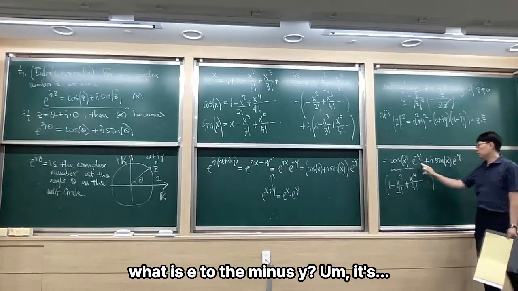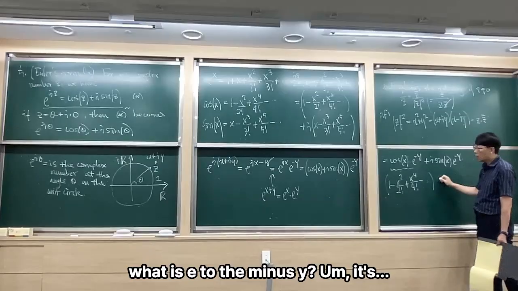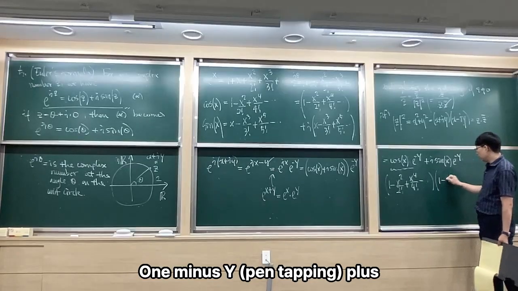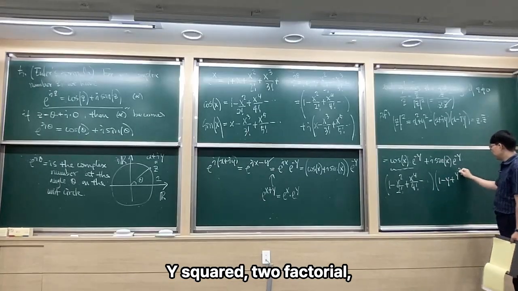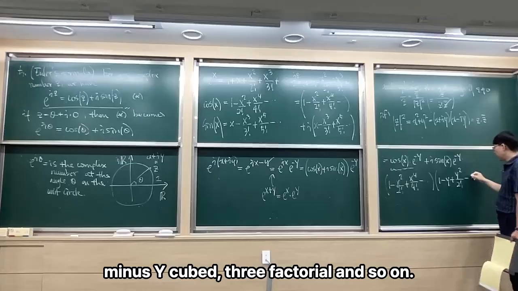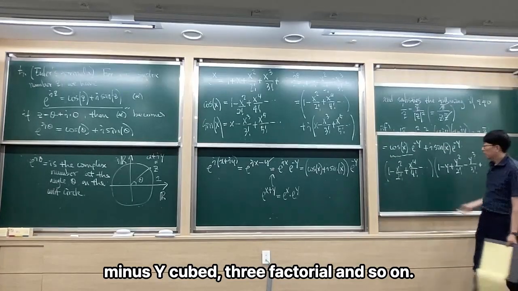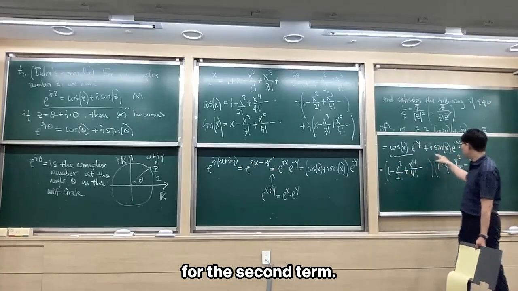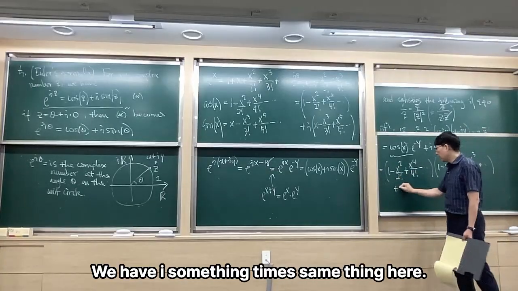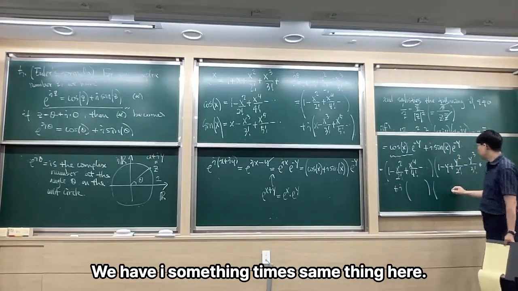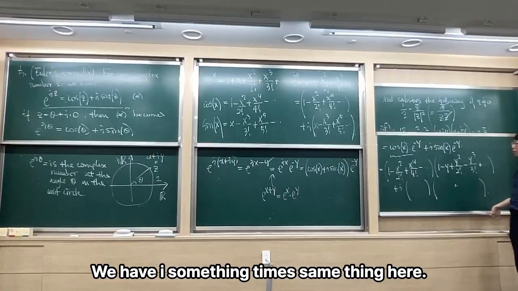And what is e to the minus y? It's 1 minus y plus y squared over 2 factorial minus y cubed over 3 factorial, and so on. So we can do a similar thing for the second term. We have i times sine x times the same thing here.